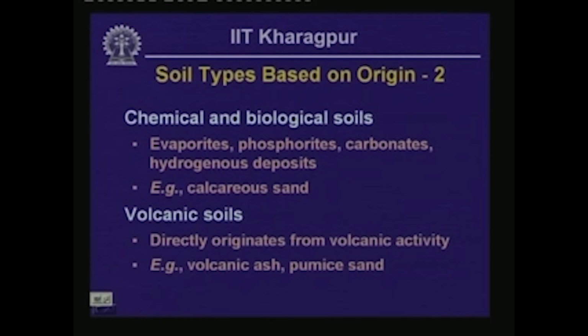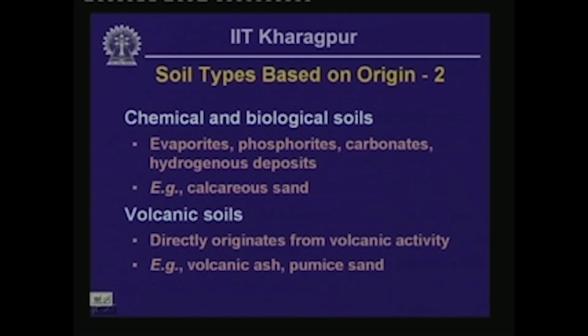Examples of these deposits include calcareous sand. They are basically composed of grains, broken grains of calcite, and these calcite grains could have biological or inorganic origin. Many of the continental shelves are actually underlain by calcareous deposits of this type.